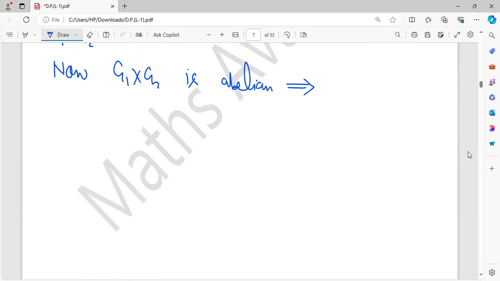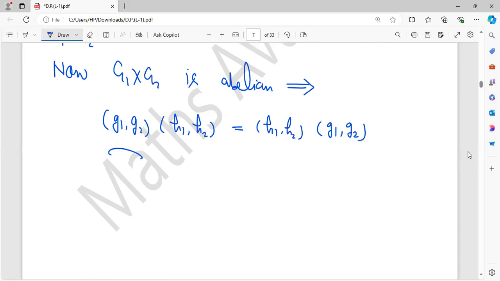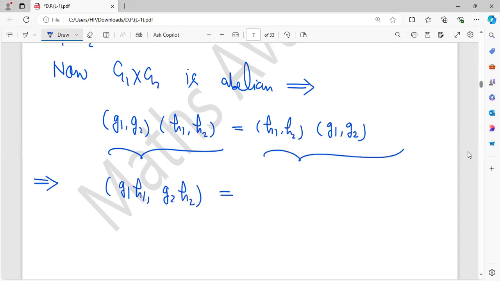So this implies (g1, g2)(h1, h2) is equal to (h1, h2)(g1, g2). What is this? This is (g1h1, g2h2). And what is this? Right hand side, (h1g1, h2g2). Okay. So comparing, this will be equal to this.